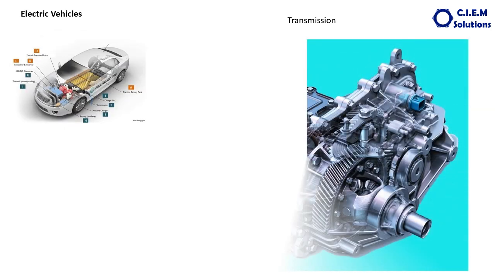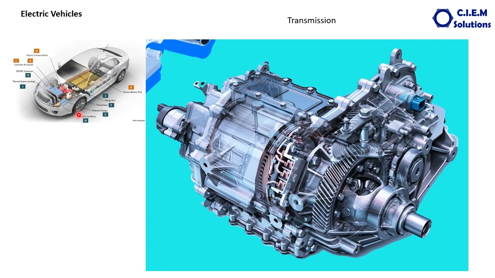After the motor, the next one is the transmission. Here in electric vehicles, the transmission is a very simple one. It is a single reduction transmission, unlike the multiple gears in a conventional vehicle. There, multiple gears are required because the engine runs between 600 to 6000 rpm in a petrol engine. In a diesel engine, it will be between 600 to 3000 rpm.